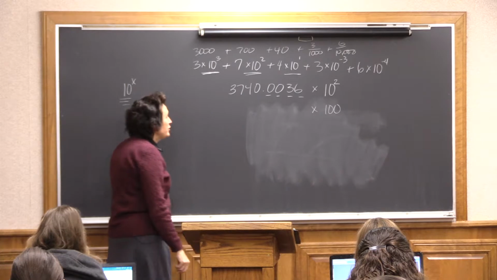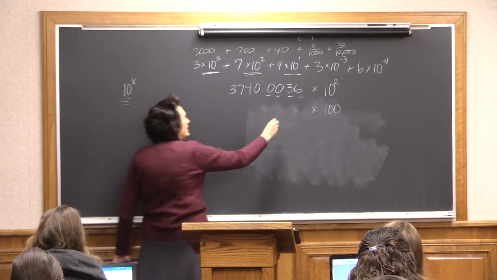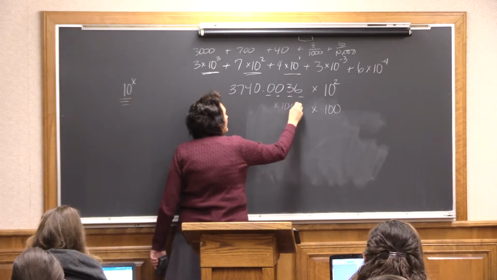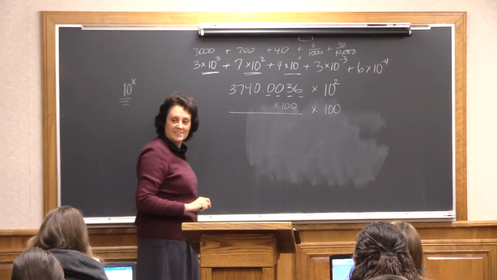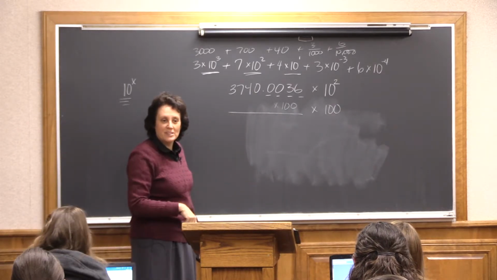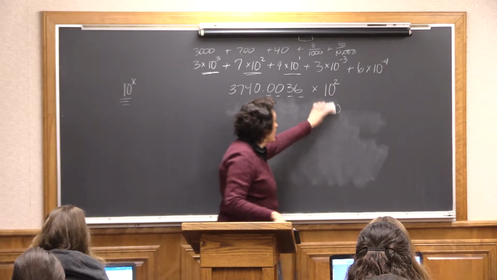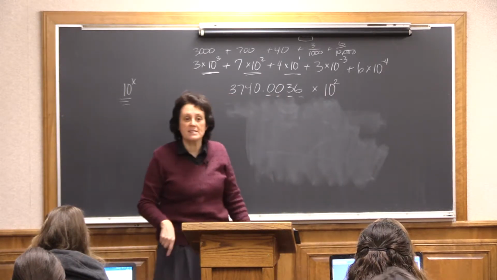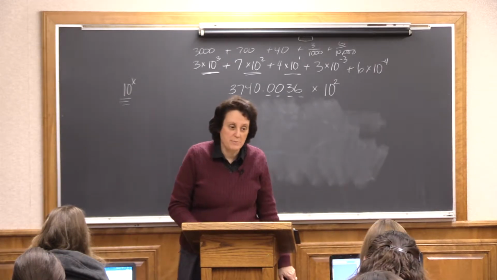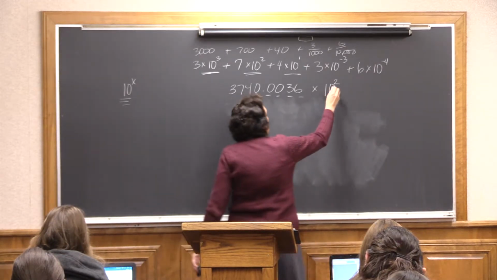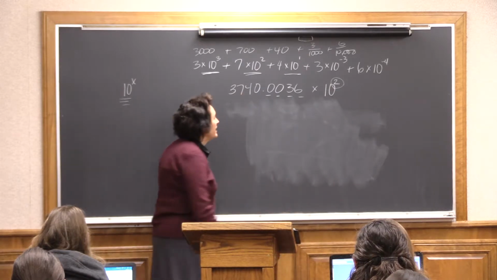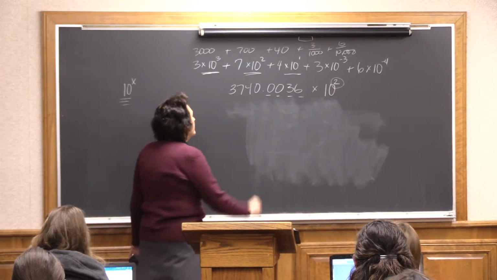But I am not going to do it like this and rewrite all those zeros and rewrite all those digits. When we multiply or divide by powers of 10, all we're doing is changing places. Okay, we're changing places by 2 digits. So this is going to get 2 digits bigger.